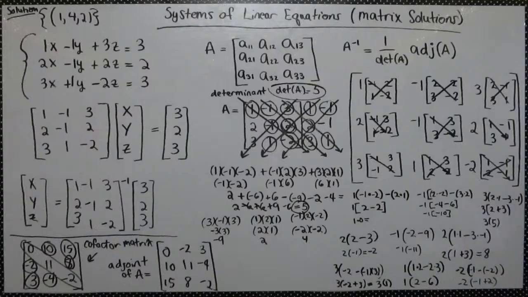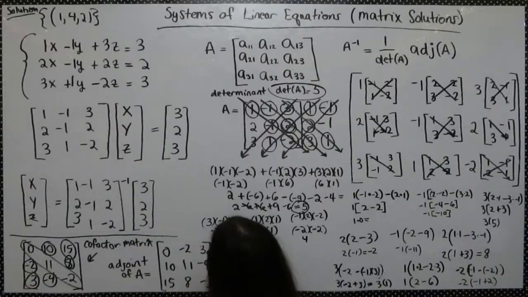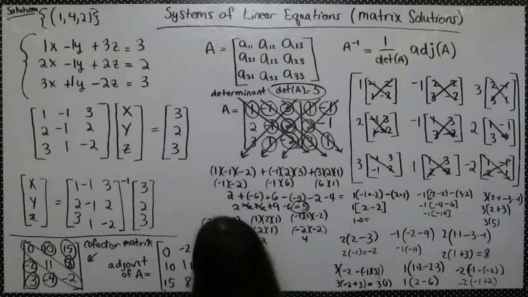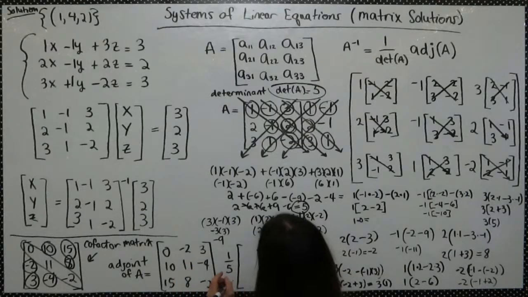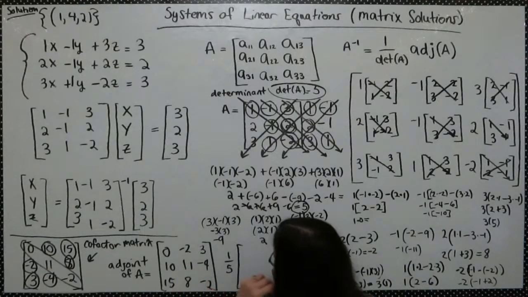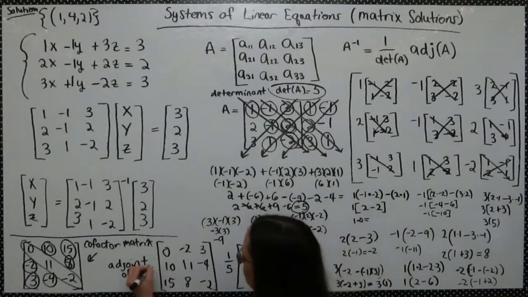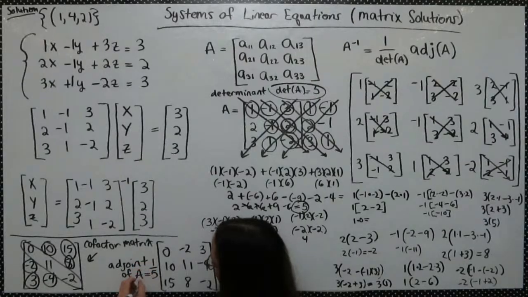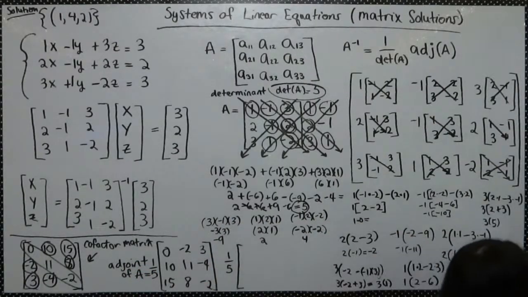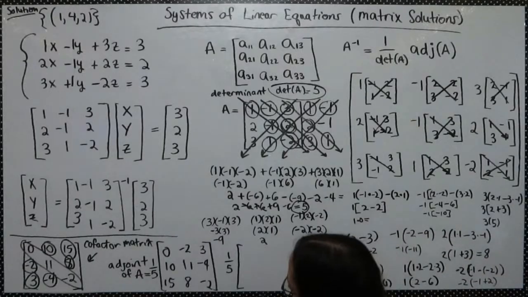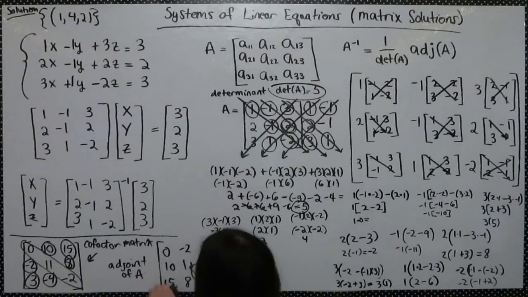I am running out of room. At 1/5 times, we'll list them again. So 1/5, we'll just put it here, 1/5. What to do? Trying to learn how to be more organized. I'm just going to rewrite it. I'm not going to be lazy.